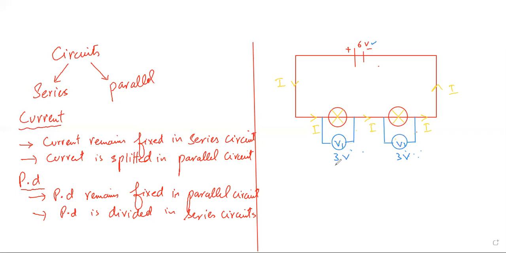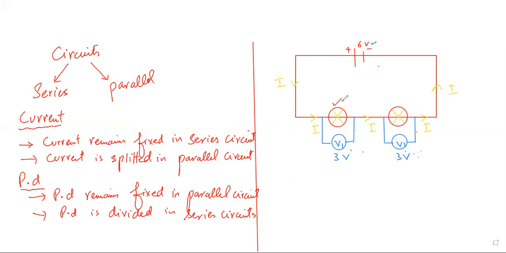Yes. Okay. Now, a very important thing over here, the advantage of using a parallel circuit. Remember, this is a series circuit, right? So let me first show you how the parallel circuit looks. There is one disadvantage over here.